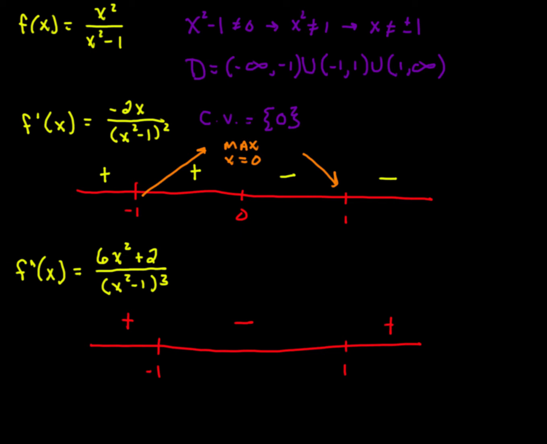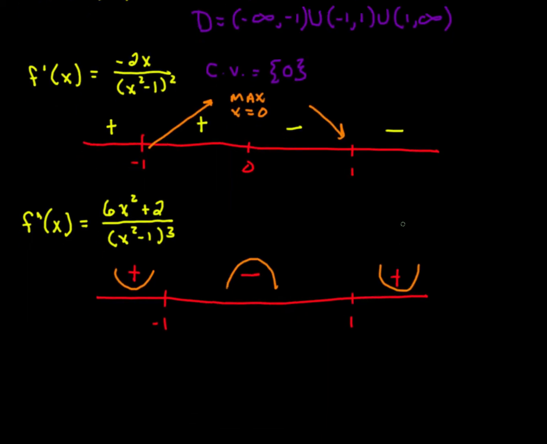So that tells me that it's going to have to be concave up in this region, concave down in this region, and concave up again. So now I know the concavity, I know the increasing, decreasing. Now I need to look at what's going on at the endpoints.